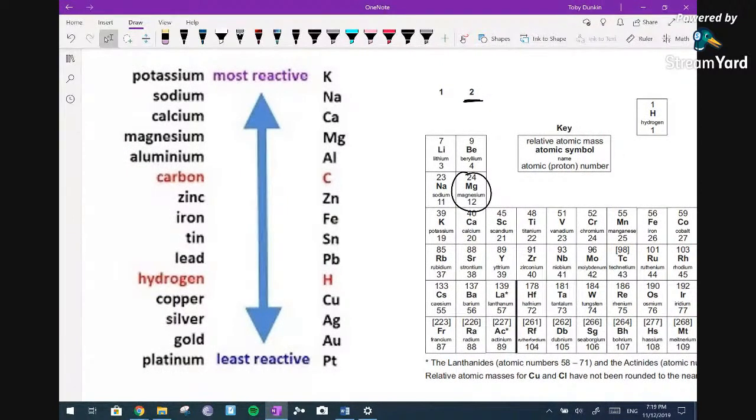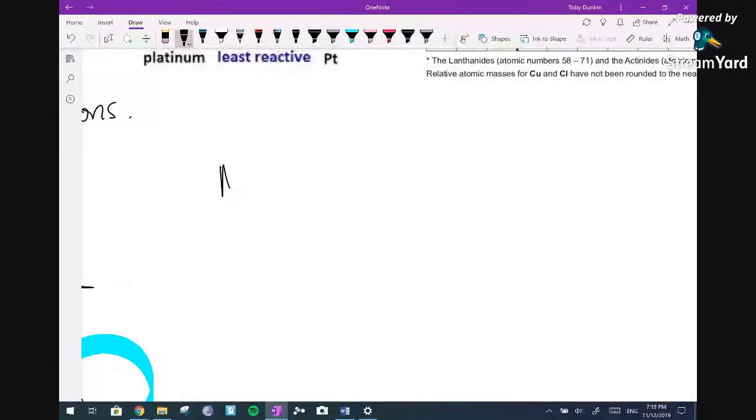So if I was to choose two from my table, say sodium and aluminium, we recognize that metals lose electrons to form metal positive ions.